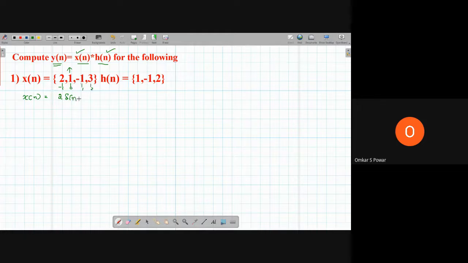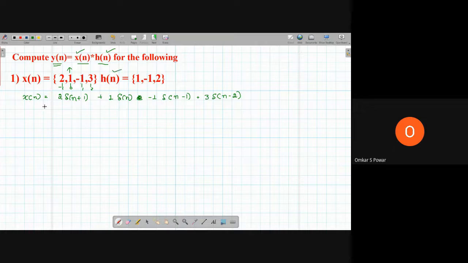Plus 1 into del of n, minus 1 del of n minus 1, then plus 3 into del of n minus 2. So this is how you represent it in terms of del.